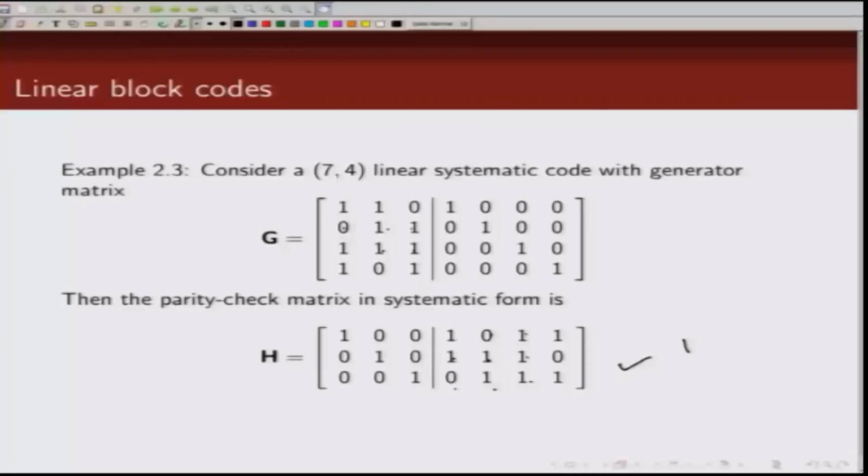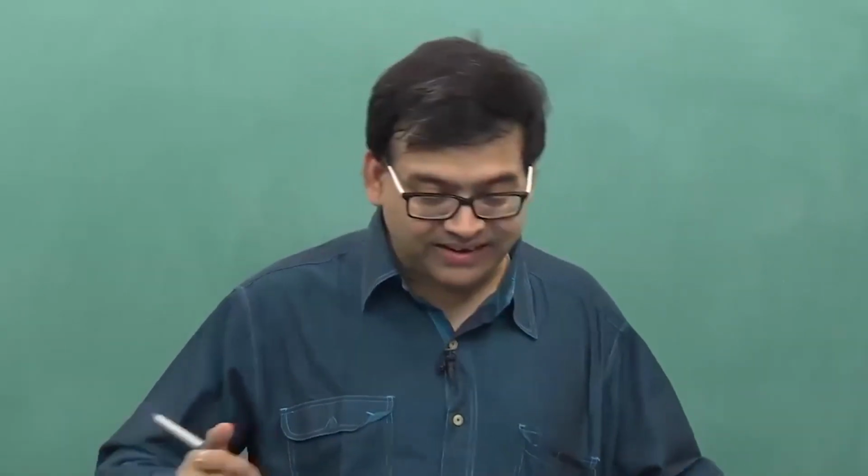The parity check matrix has the property that V is a valid code word if and only if VH transpose is 0, and we use this property in decoding. That is why you see the name parity check matrix, because H is essentially used to check whether the parity check constraints of the code are satisfied or not. Thank you.